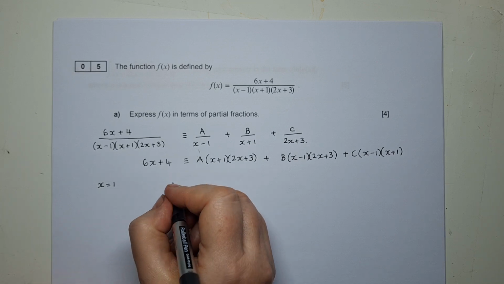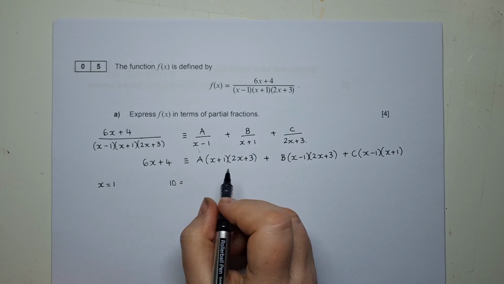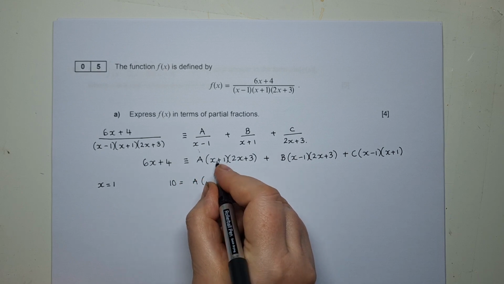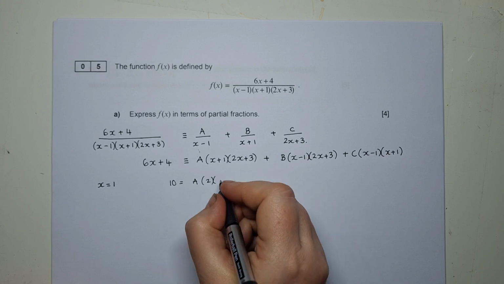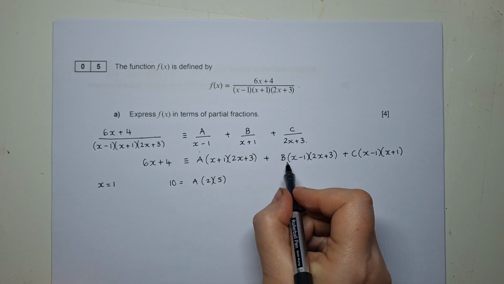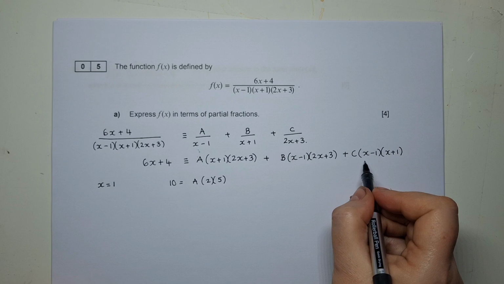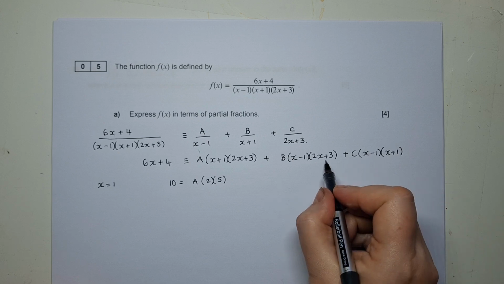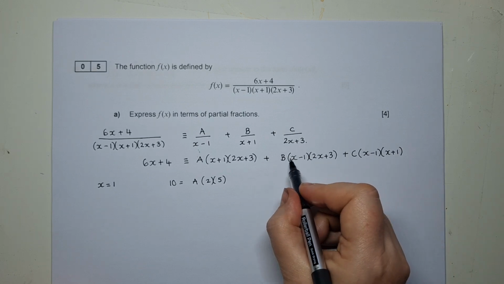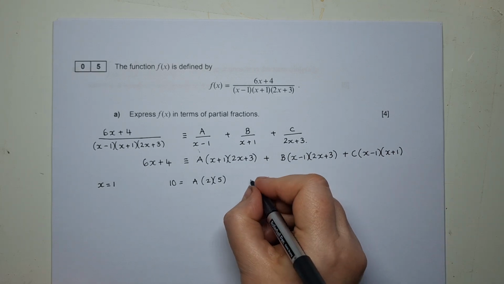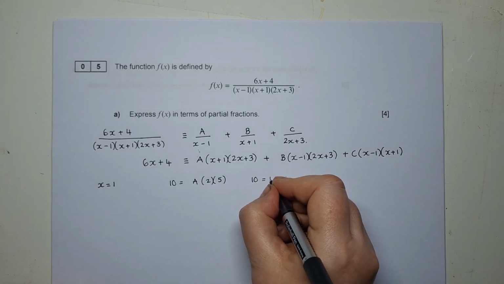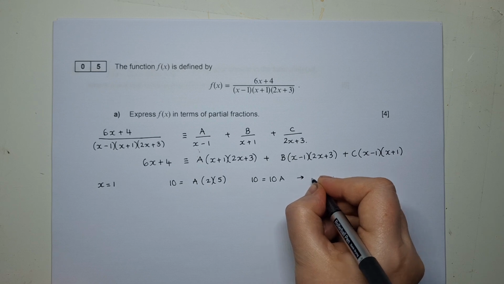So I get 6 lots of 1 plus 4 is 10. A will be multiplied by a 2 from that bracket, and then a 2 lots of 1 add 3 is 5. But B will have 0 there and C will have 0 there. So it doesn't matter what the other bracket's doing. If one of those 2 brackets is a 0, then the whole term is gone. So we get 10 equals 10a. So that gives me a is 1.